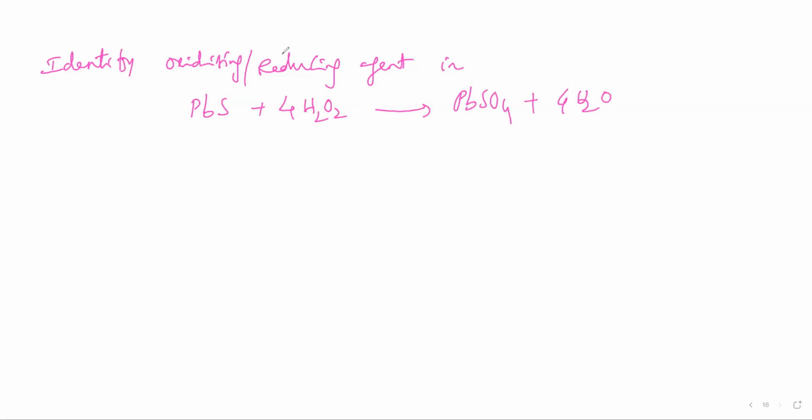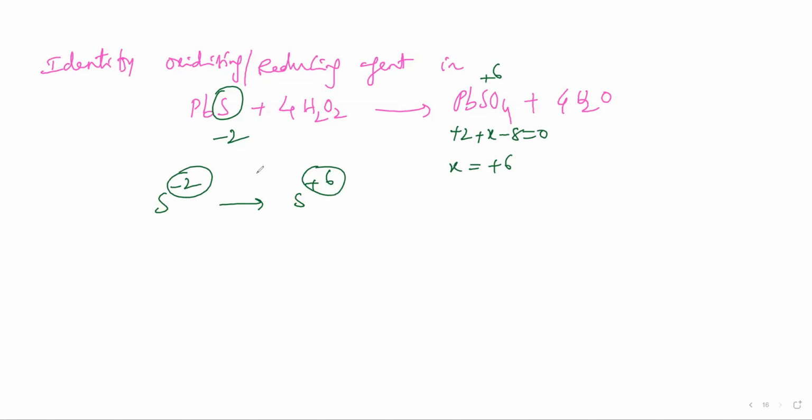Now here, let us consider sulfur. Sulfur is -2 here. In PbSO4, lead +2, X -8 equal to 0, X equal to +6. Here it is +6. So sulfur goes from -2 to +6. What does that mean?